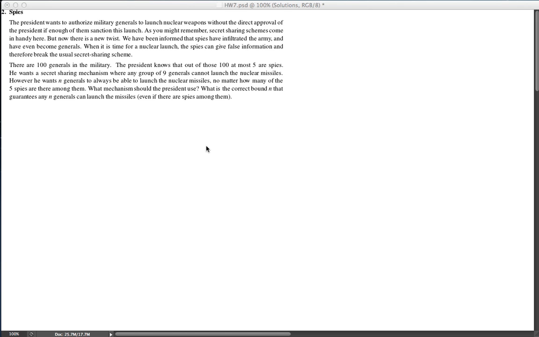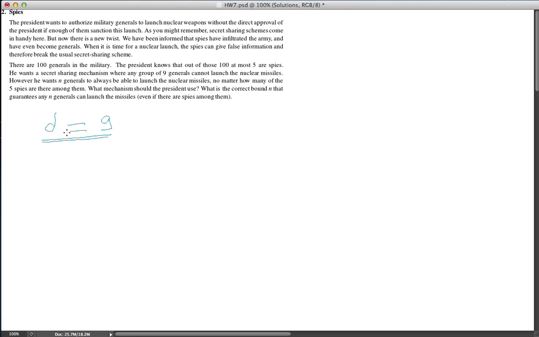So first, let's see what the degree of the polynomial that we want to use should be. We have the fact that 9 generals cannot launch the missile, so the degree of the polynomial should be exactly 9.